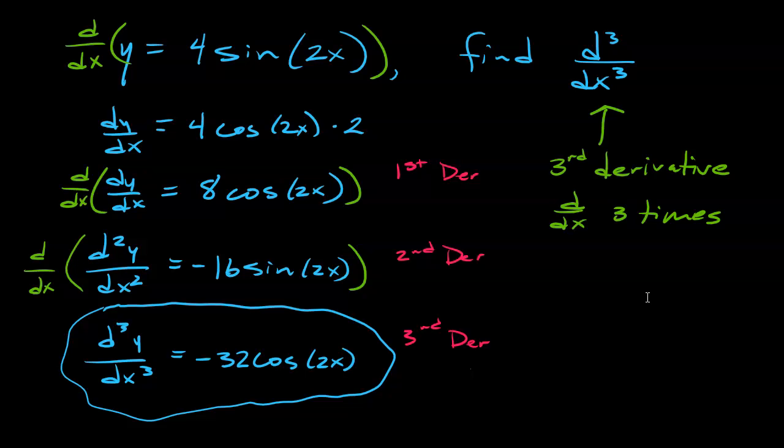They might even say find the 25th derivative. But if that was the case, they wouldn't have a number multiplier in the front. They would just have a regular x as an angle so that it wouldn't get bigger as you go. But you can see the pattern it's following here. Every 4 derivatives, it repeats.